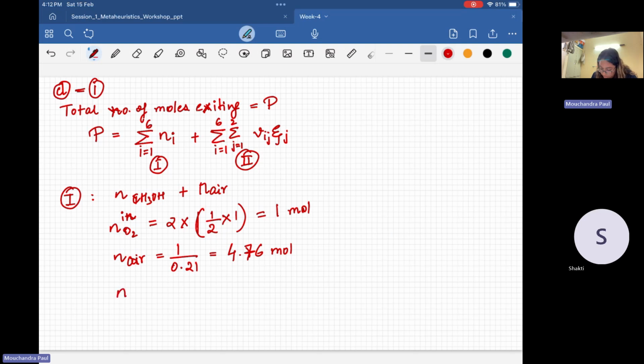Similarly, how much is nitrogen? It is 79% of the air.